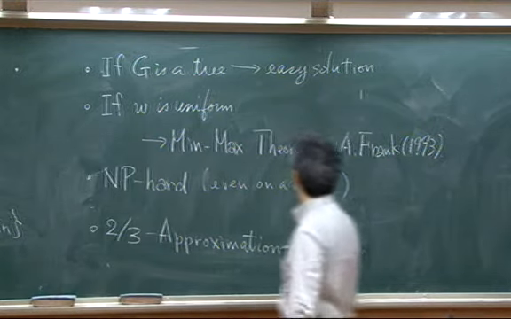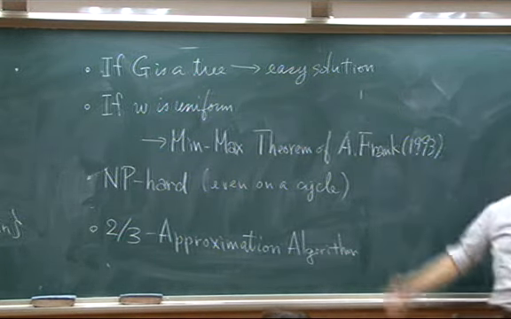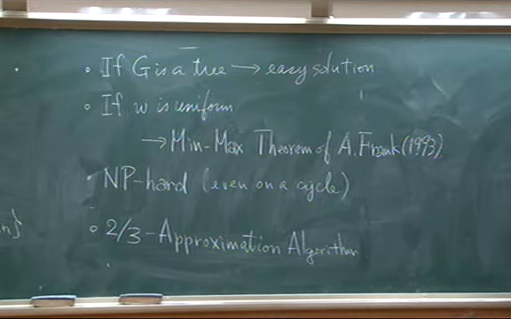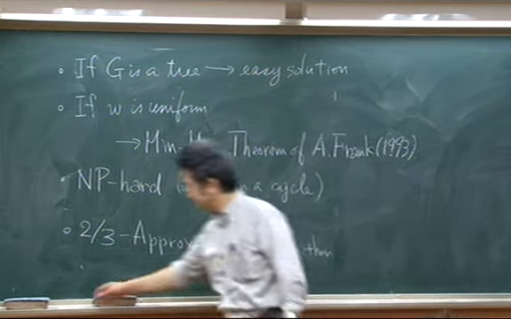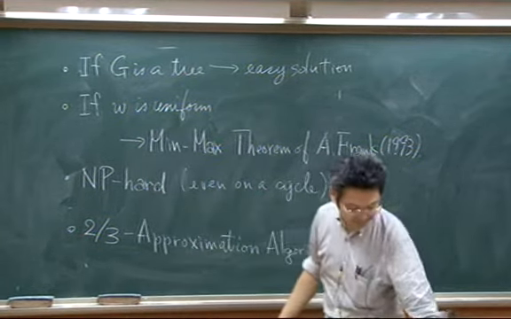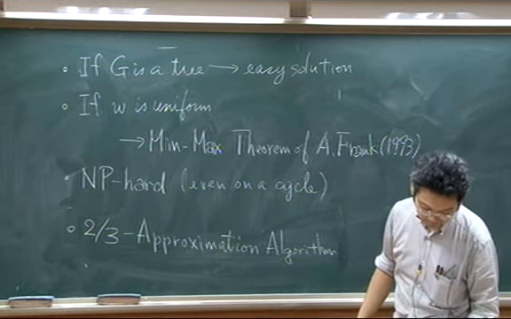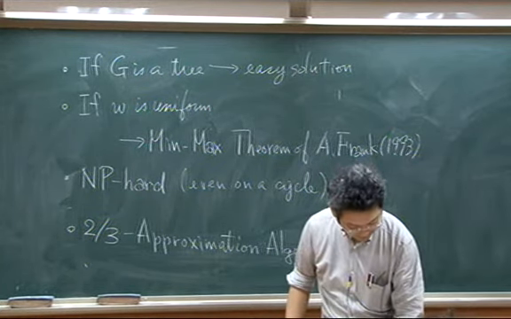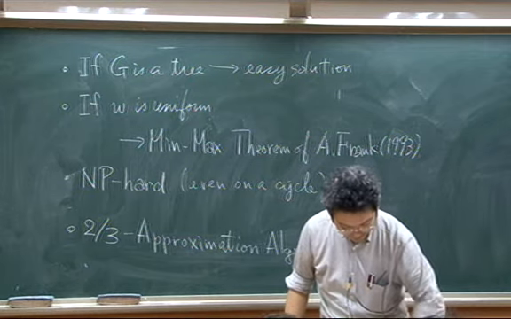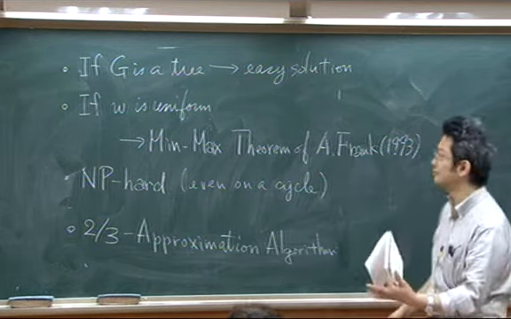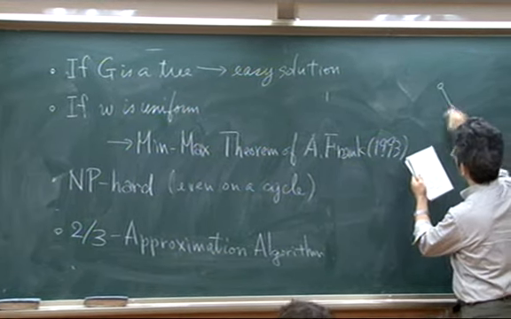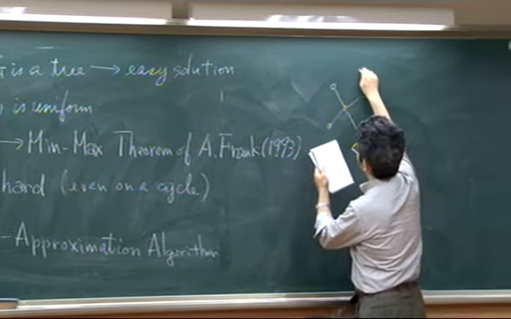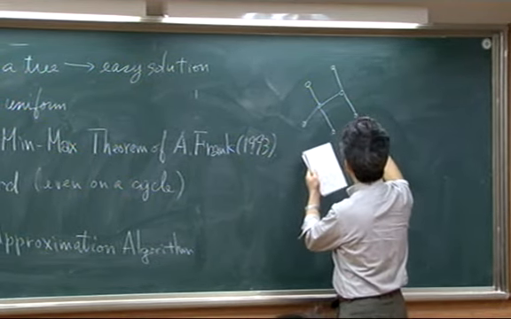Okay. So first, if G is a tree, this is easy. Does anybody have a clue? So you count the number of leaves, and if the number of leaves is even, then put all of them in.